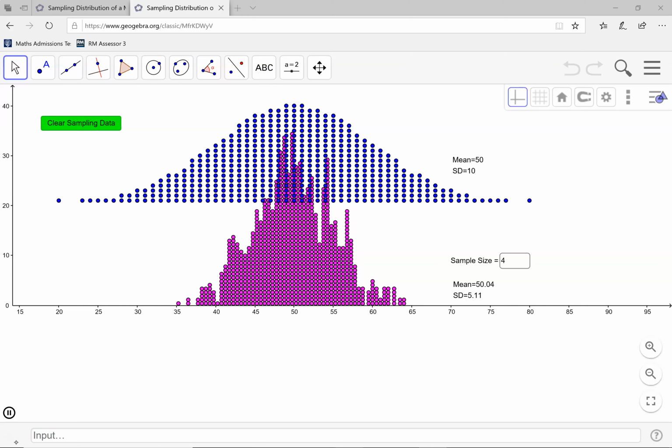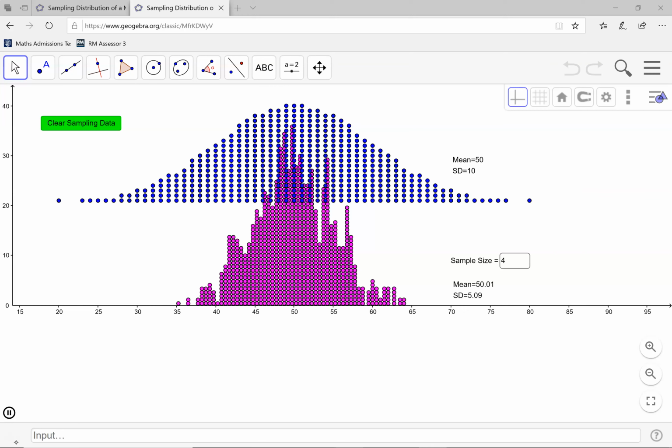Notice the mean of our sample is now 50.04, and our standard deviation is 5. It's halved. So that's kind of intuitive. Obviously it's not done algebraically, but it makes sense that the standard deviation is half, because the sample size is 4 and the square root of 4 equals 2.